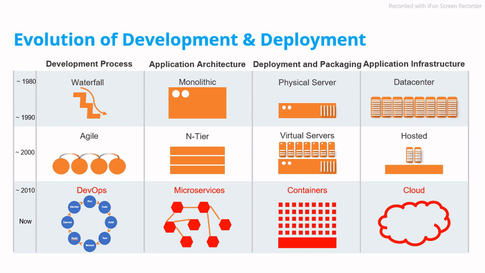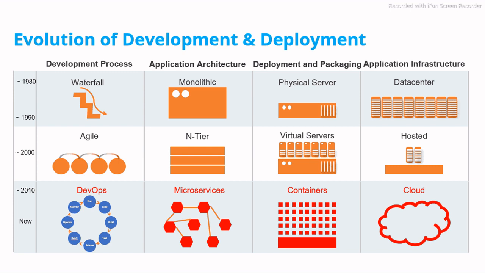In the 80s and mid 90s, data centers and physical servers ran monolithic applications developed using traditional waterfall methodologies. Late 90s to 2000, data centers and hosting providers ran Linux and Unix servers, with the emergence of virtualization technology like VMware and KVM running multi-tier applications developed using agile methodologies.